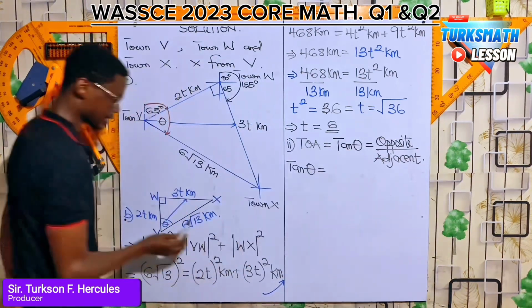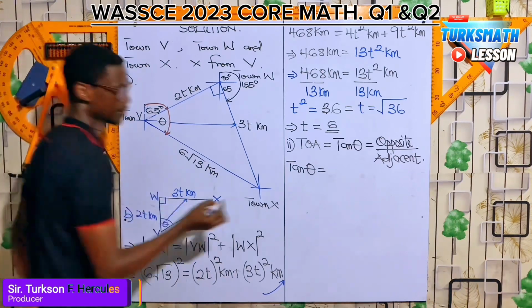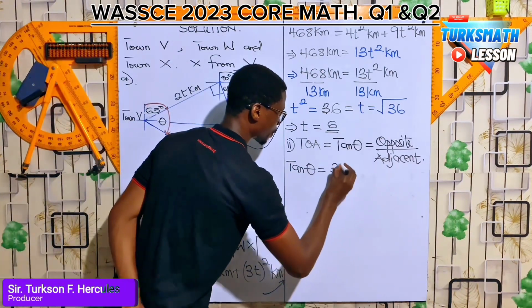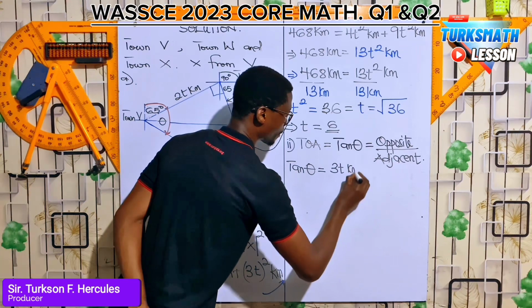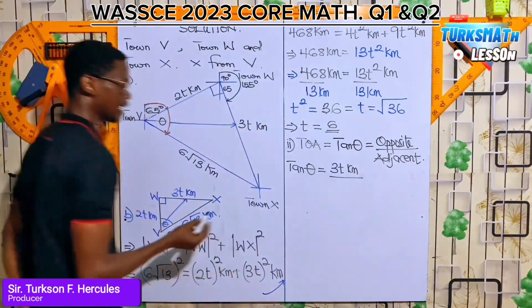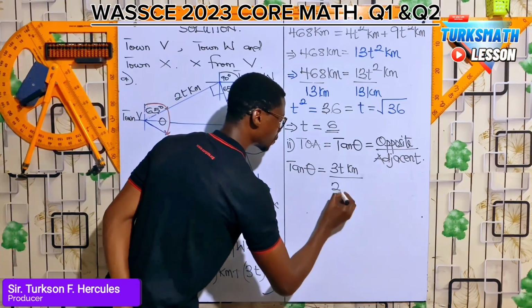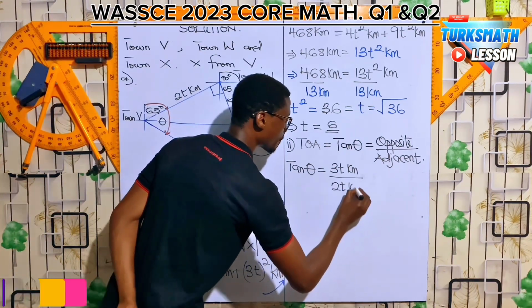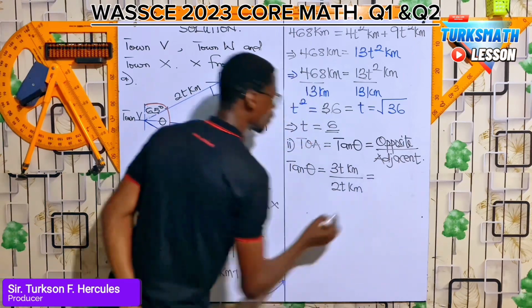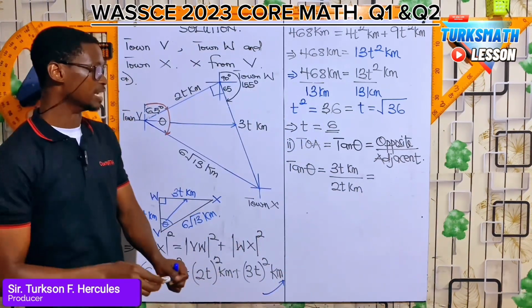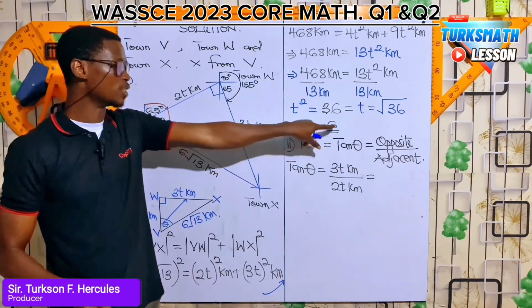What is our opposite here? Our opposite here is 3t. And our adjacent is 2t. What is the value of t? The value of t here is 6.